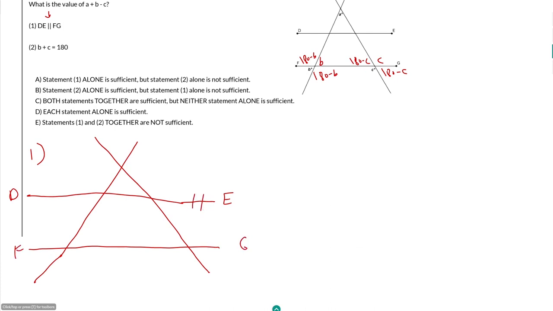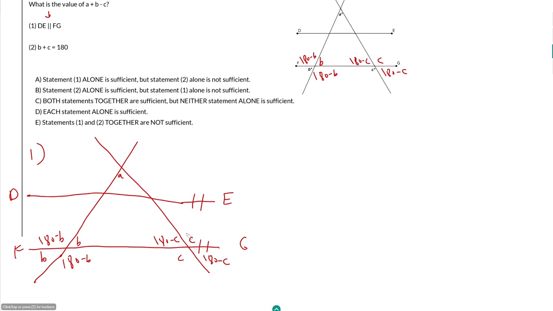Now I know these are parallel to each other. So what can I say now that I know DE is parallel to FG? And now I can start to fill in some information about my angles up here.